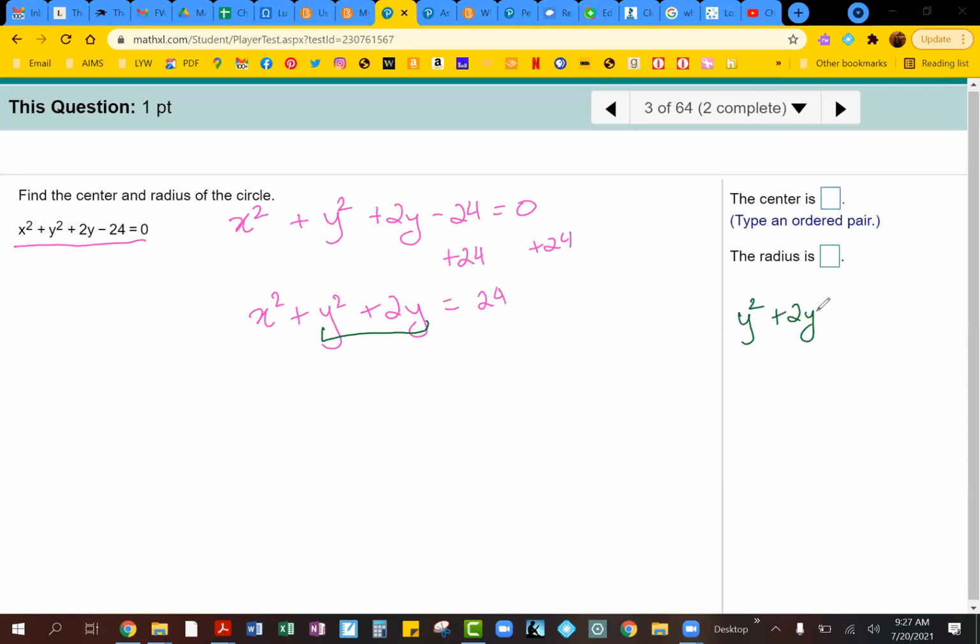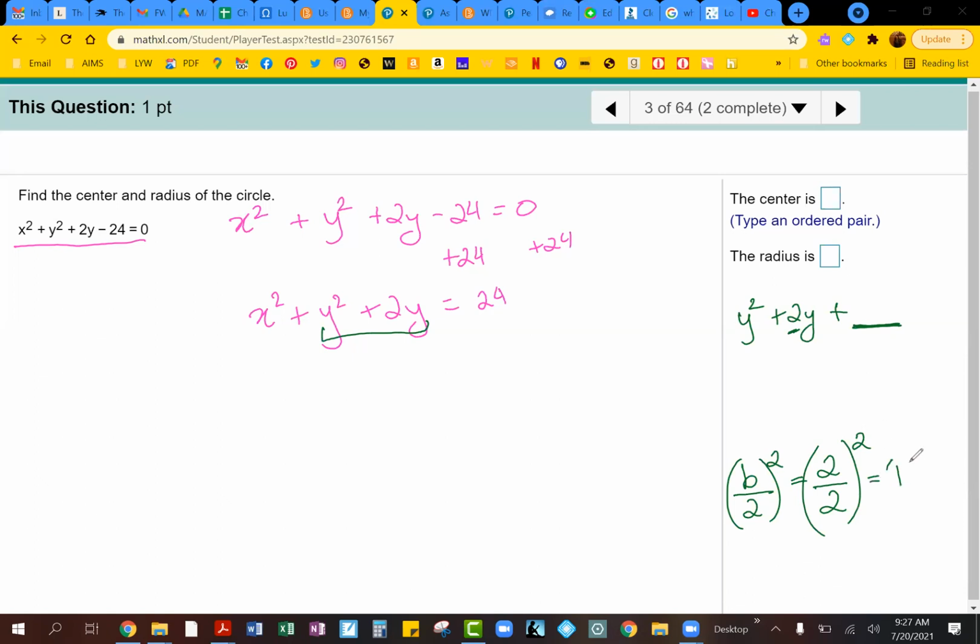Now remember, when we are completing the square, you take the coefficient of your middle term, you divide it by 2, and then you square that so that we can come up with our third constant term. So we take the coefficient of the middle term, which is 2, and of course we take its half, so 2 divided by 2, and then you square the whole thing.